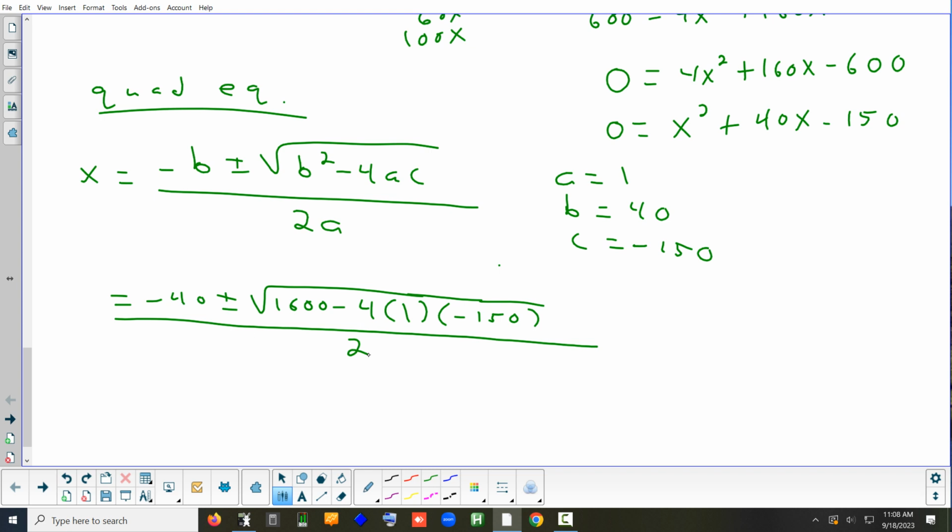What happens when you minus a minus? It becomes a positive. So I might as well just make those positive right now. All right, so we have negative 40 plus or minus the square root of 4 times 150, 600, plus 1600. So 2200, divided by 2.